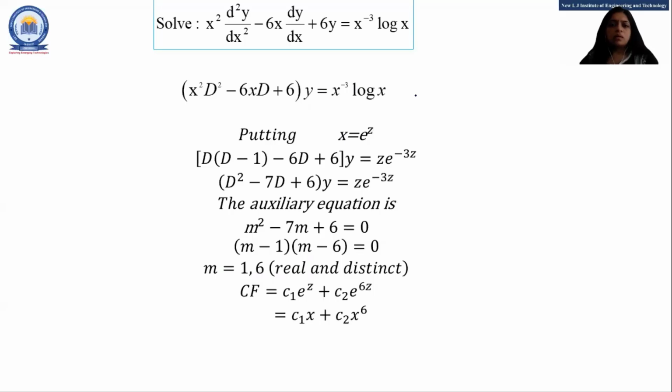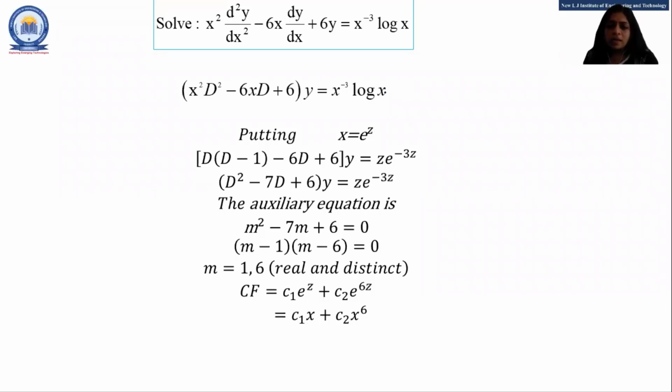See, let's move to another example, that is x square d square y by dx square minus 6x dy by dx plus 6y is equal to x raised to minus 3 into log x. Students, here I have tried to take a different kind of example with a different PI, right?